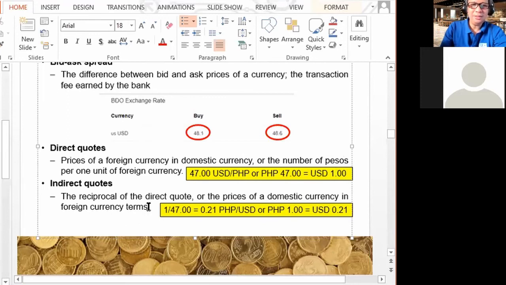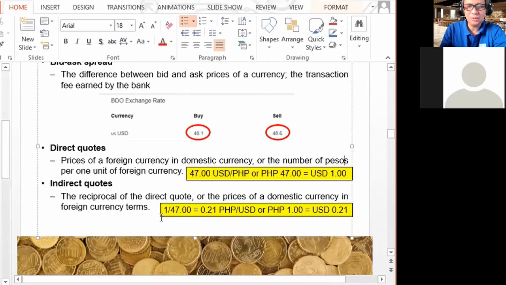Next, we have indirect quote. The indirect quote is the reciprocal of the direct quote. So binaliktad mo lang, no? The price of the domestic currency in foreign currency terms. Okay. So in our example, how much is 1 peso in US dollars?